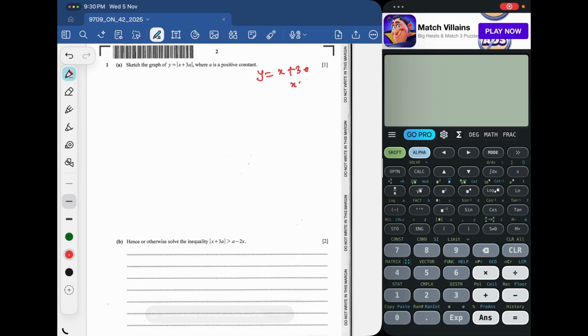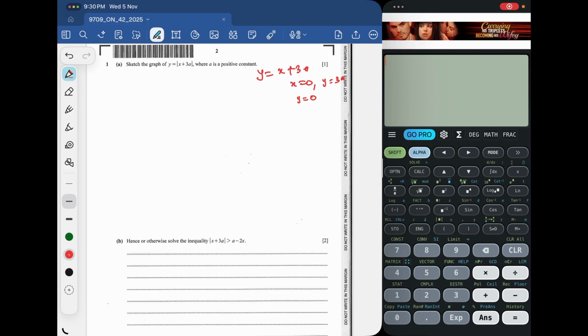So, when x is 0, y is 3a. When y is 0, we have x as minus 3a. So minus 3a is there.